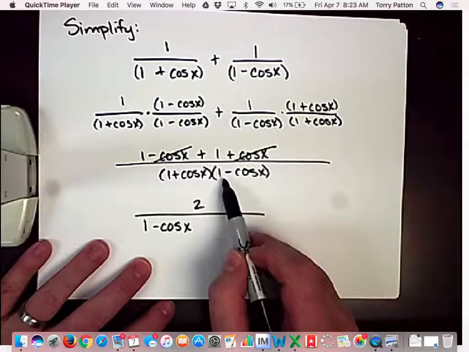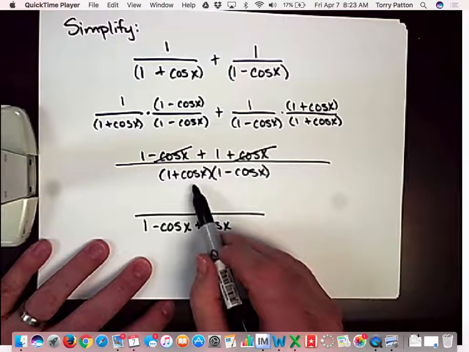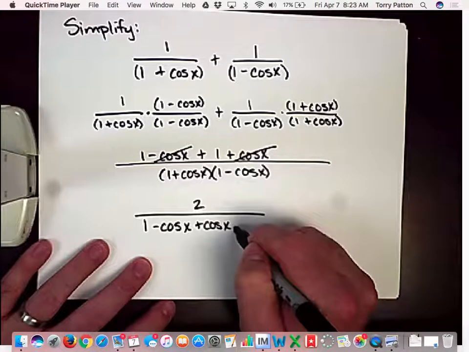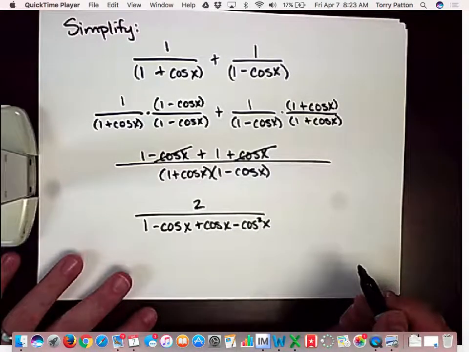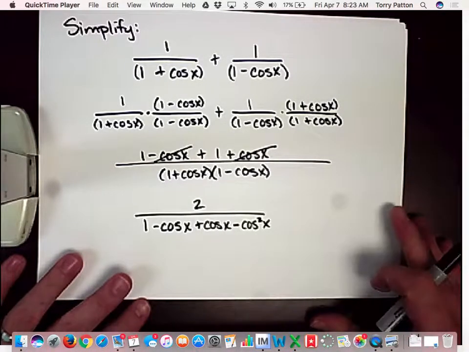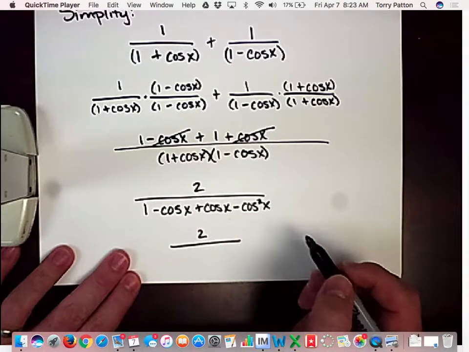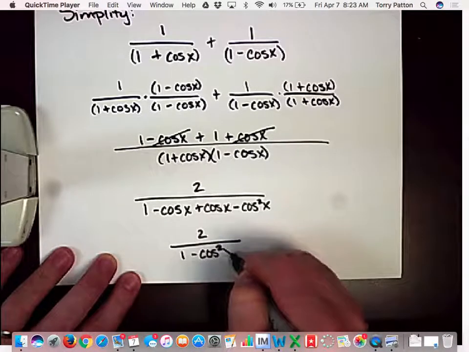Plus cosine x times 1 is plus cosine x. And plus cosine x times minus cosine x is minus cosine squared x. Right? So that becomes 2 over 1 minus cosine squared x.